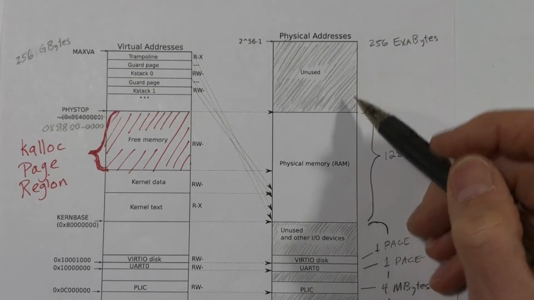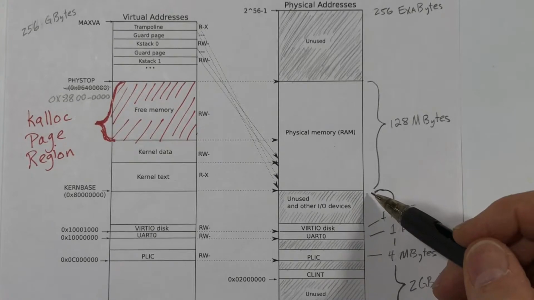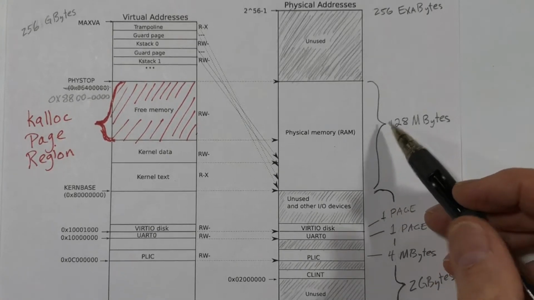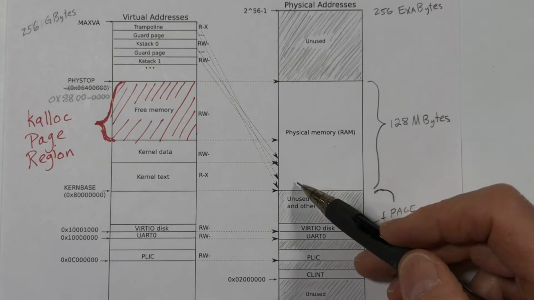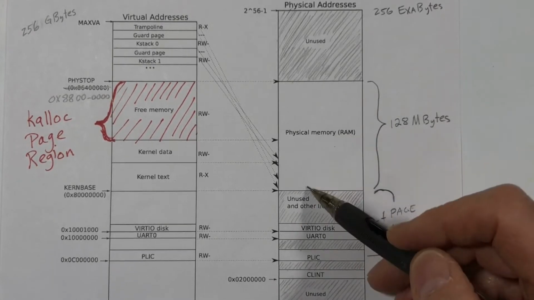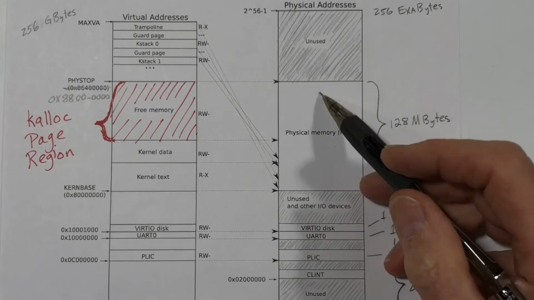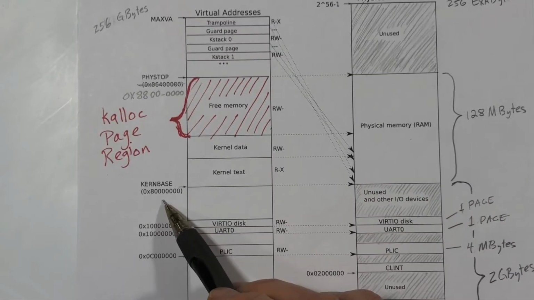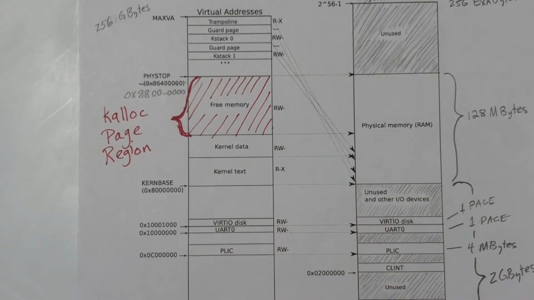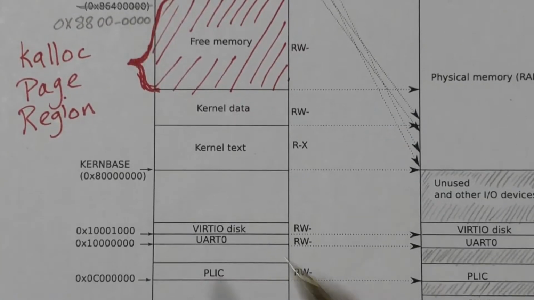Nothing is up there. The computer that xv6 is intended to run on will have 128 megabytes of installed physical main memory, the RAM, and that's in this region here. It will be located at this particular address, which happens to be the 2 gigabyte boundary.